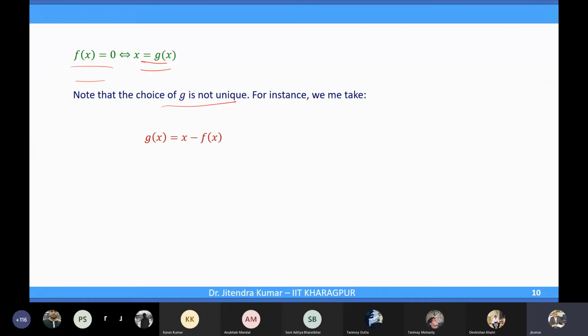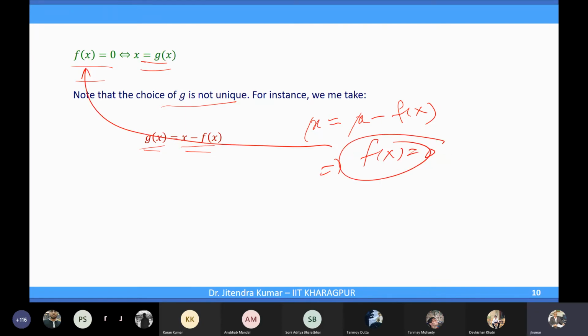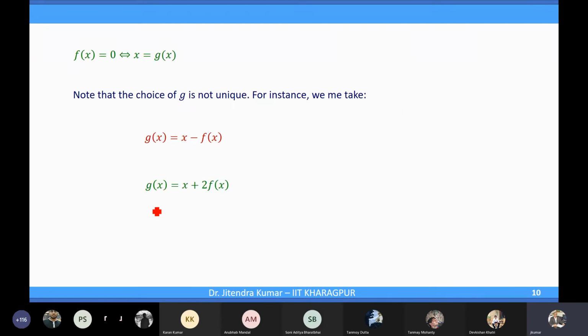For just an example here, we take g(x) is equal to x minus f(x), right? So we have x is equal to g(x), and g(x) I have taken as x minus f(x). So basically I have f(x) equal to 0, the same equation which we are supposed to have. So you can have several splittings. You can have g(x) as x plus 2f(x).